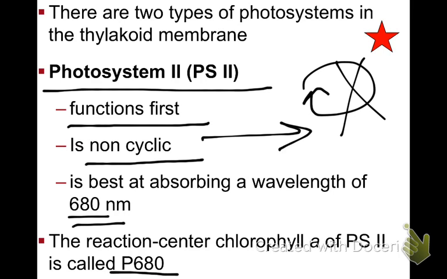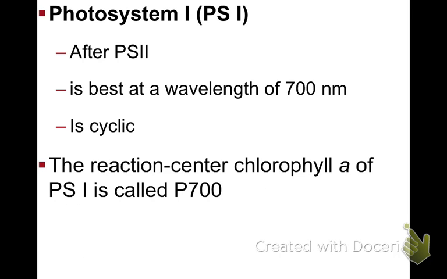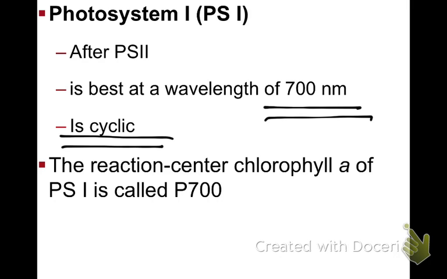It is called P680. Then you have photosystem 1. This comes after photosystem 2. It is best at absorbing light at 700 nanometers. It is cyclic. The reaction center of chlorophyll A of photosystem 1 is called P700.